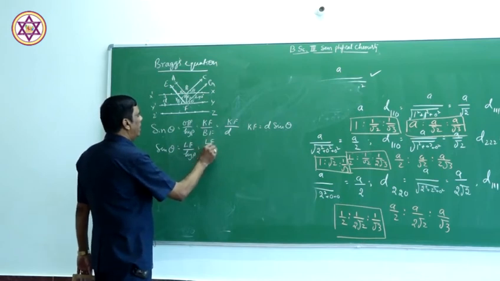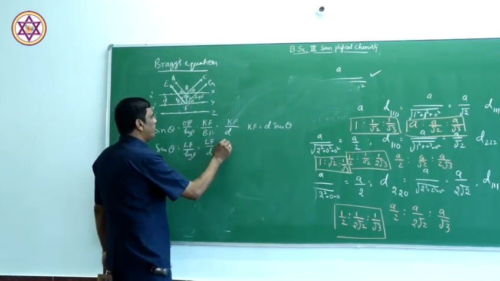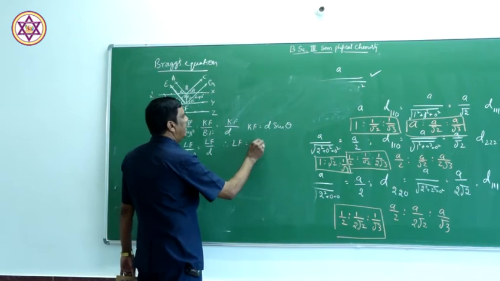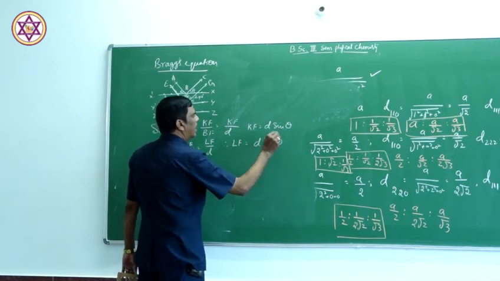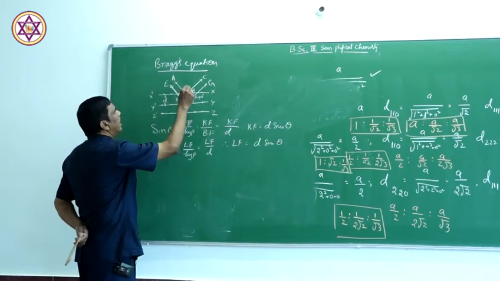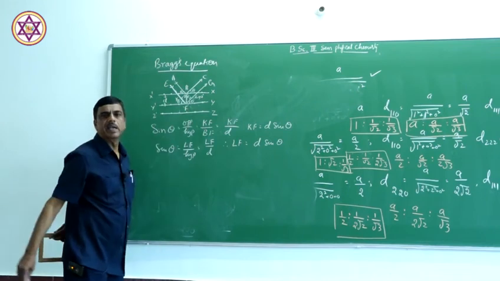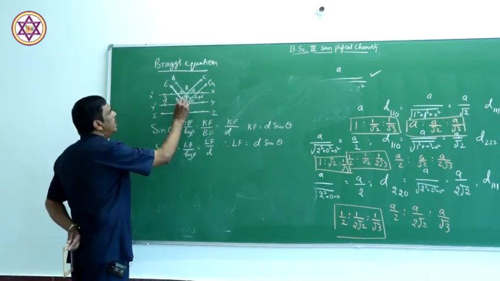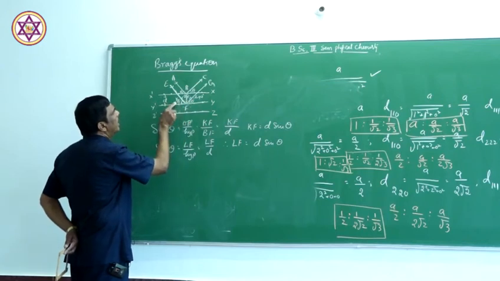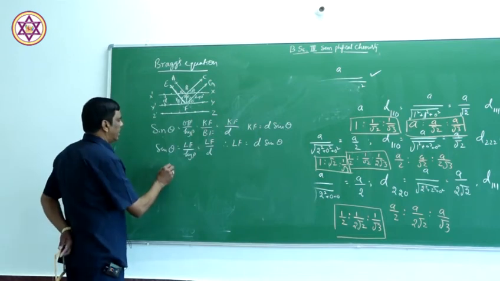Therefore, LF is equal to again D sin theta. Now, when compared to the ray ABC, the EFG ray travels more distance. Therefore, this extra distance travelled is equal to KF plus LF.